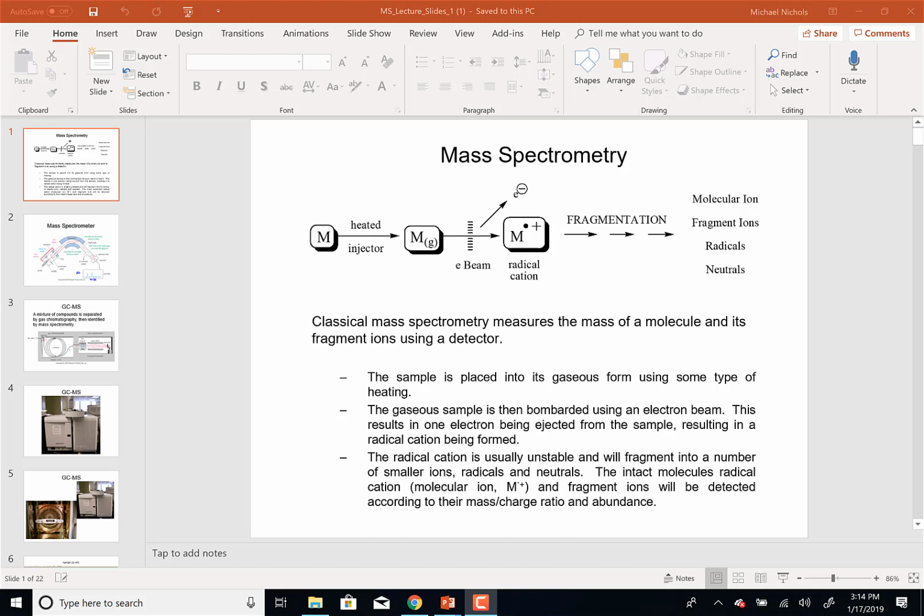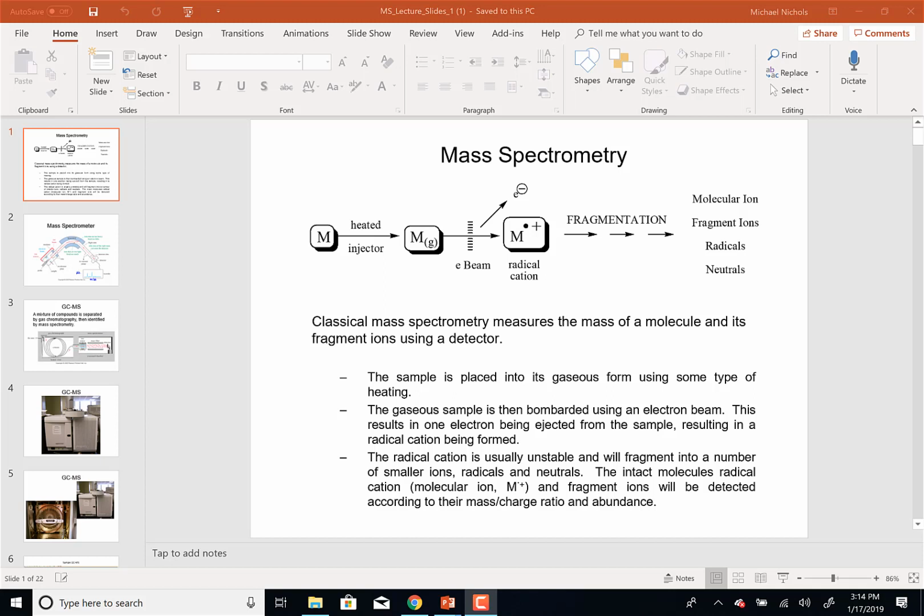When you lose an electron, most molecules have an even number of electrons, so they end up with an unpaired electron, and because they lost an electron with a negative charge, they end up with a positive charge. So that's why this is called the radical cation. And then that radical cation can be analyzed, or it just simply starts breaking apart into pieces.